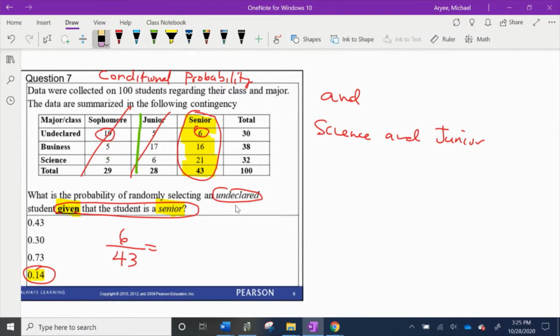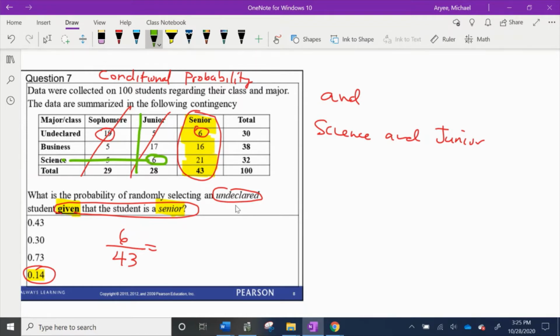Is it making sense to you? So and is always the intersection of the one going from the top and the one going from left to right. So where the two cross is the and.